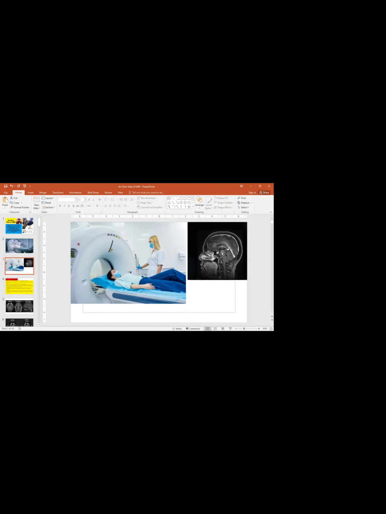In CT, we have ionizing radiation. Ionizing radiation can do harm to the body, but practically the magnet and MRI is not harmful to the human body. There are precautions I will discuss.